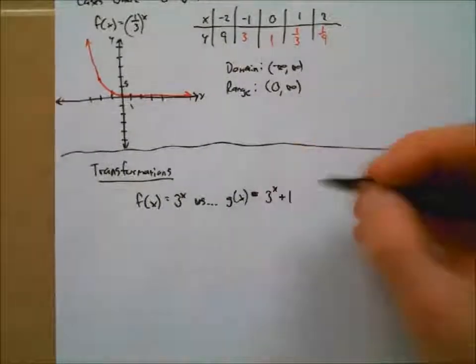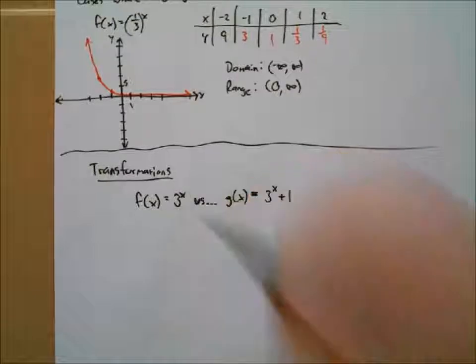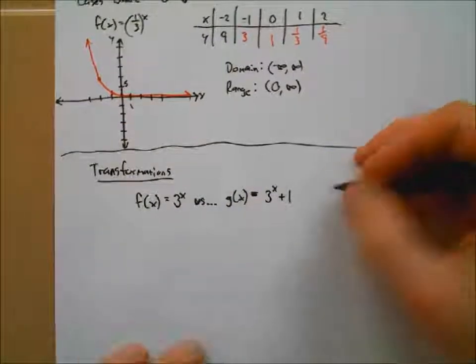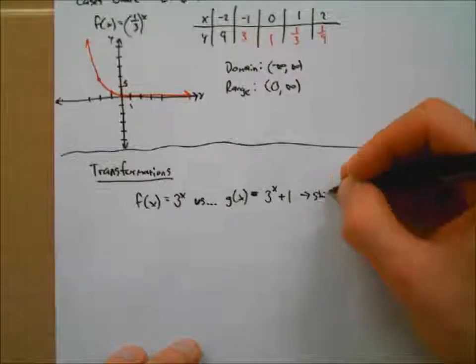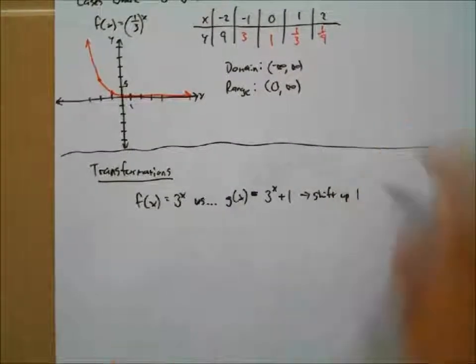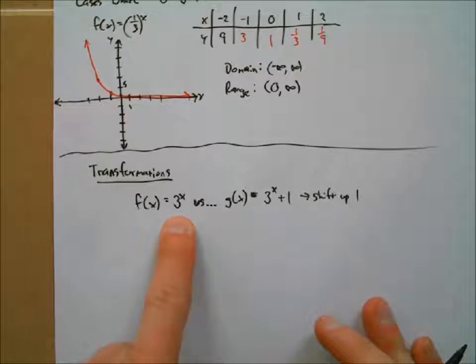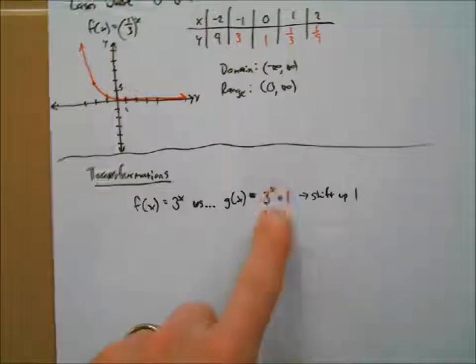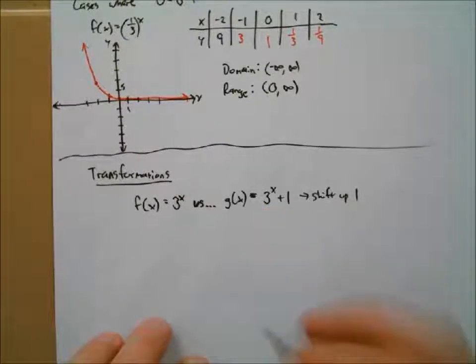Up 1, exactly right. Shift up 1. So then the range for this will not be 0 to infinity, this one will be 1 to infinity.